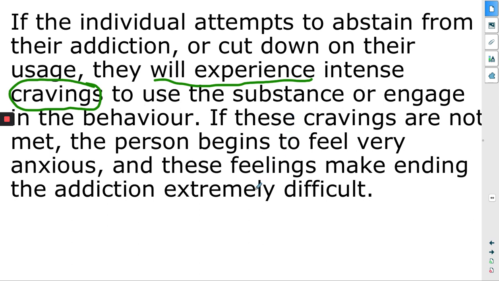Now, what I need to say to you is that just experiencing these feelings does not make you an addict. I'm hoping that you've seen in my definition of addiction that this is not the case.